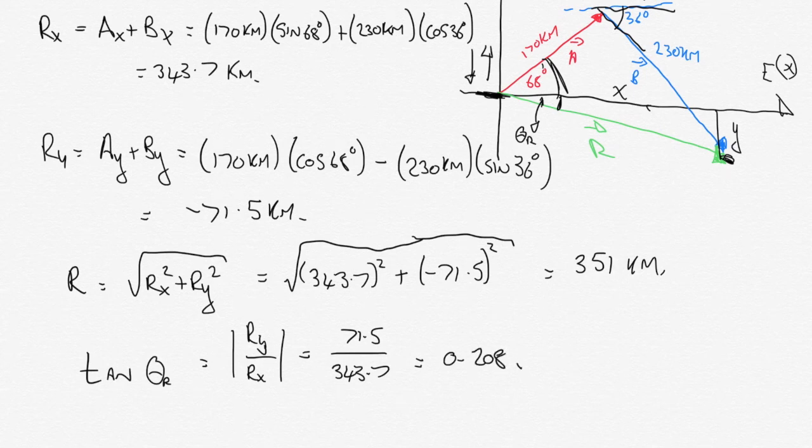If we take the inverse of that, then we get theta R is equal to 11.8 degrees south of east. And that solves that one for us. So a fairly straightforward graphical vector problem for you to solve.